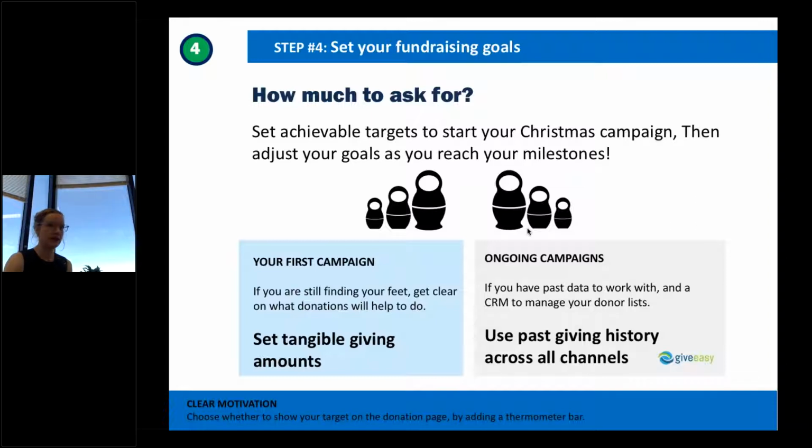The other side of setting your fundraising goals is to think about how much you want to ask for. When you want to clarify with your donors how much to give, what you want to do is set really clear, tangible amounts that people will want to give. Just think about how much those dollar handles will be, and refer to them throughout your content.